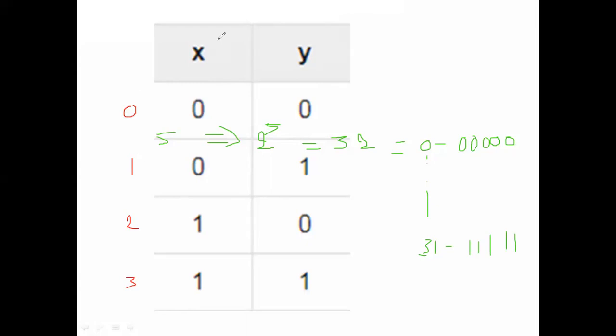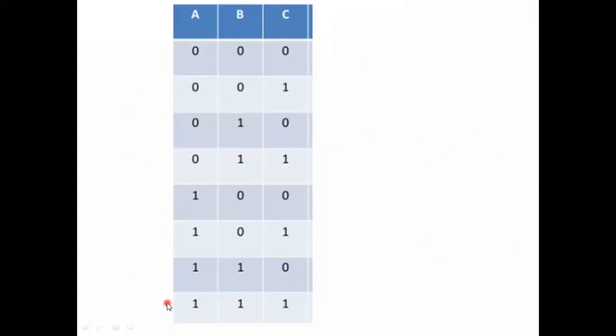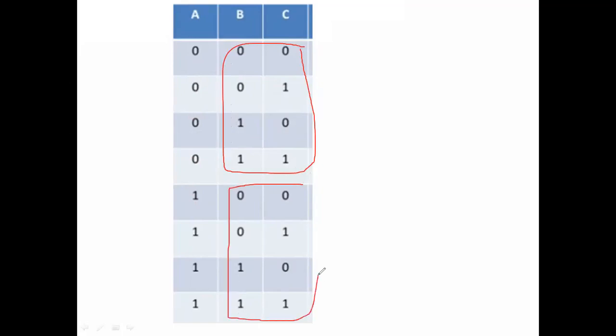Like that here, if you are taking three variables, then 0 to 7 combinations. If you observe here, 0 to 7, so 0 0 0 1 1 0 1 1. For the first four, all are zeros. For the next four, all are ones.